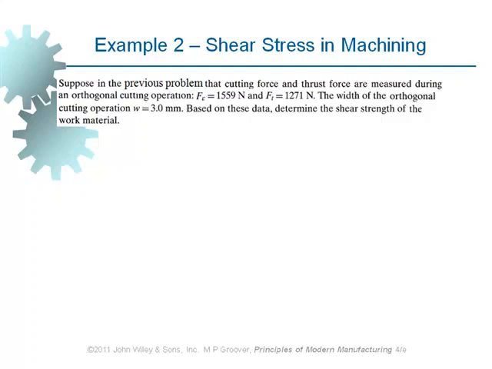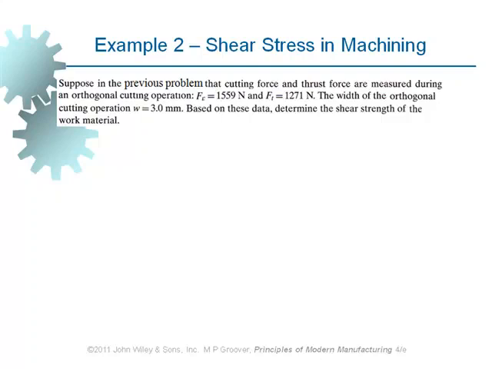Fc and thrust Ft are measured by a dynamometer to be that much for a given operation. The width of the orthogonal cutting operation is also given. This is the width of the cut which has been eliminated from the 2D figure. The width of the cut is given to be W, and based on this data, we are to determine the shear strength S of the work material.